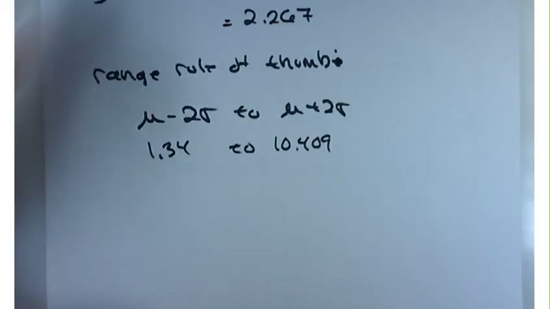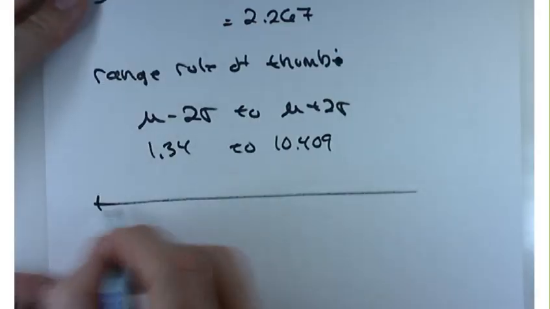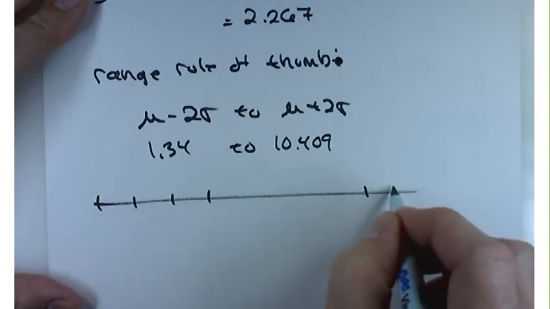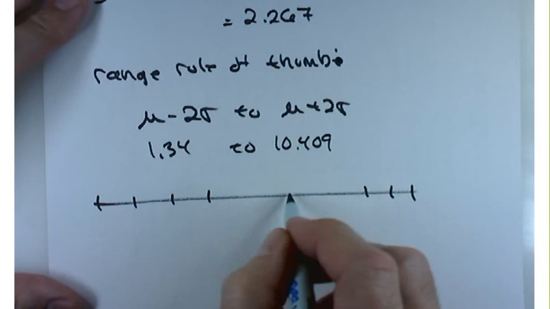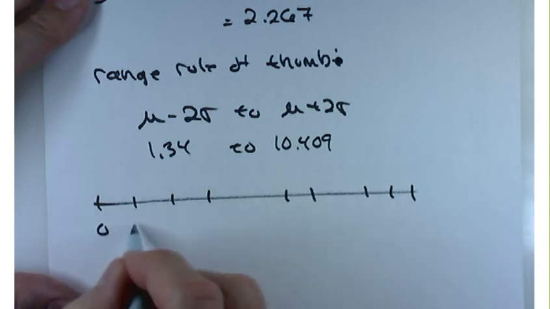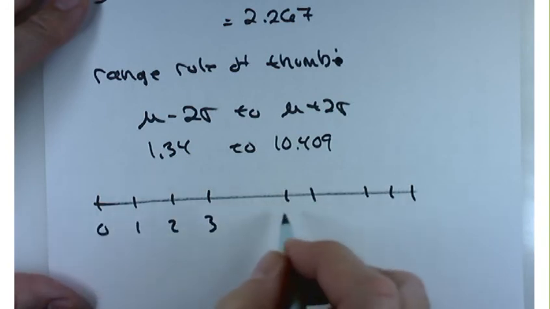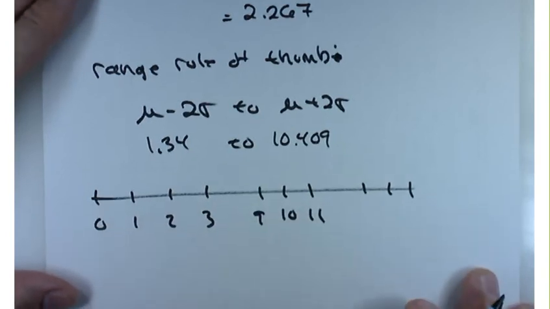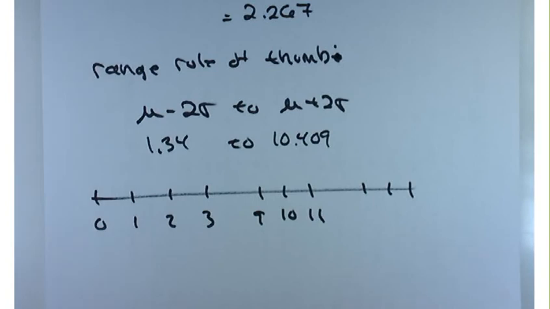But what does that translate to practically? So 0, 1, 2, 3, 9, 10, 11. What would be significantly high and what would be significantly low for this kind of an experiment?